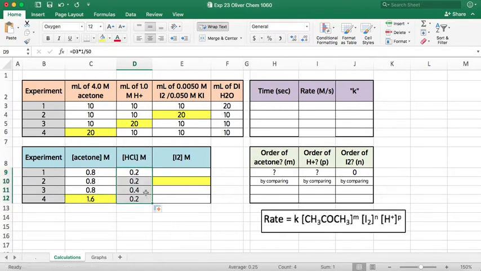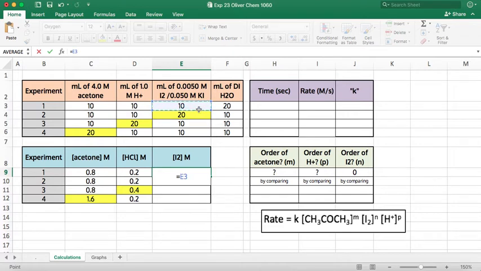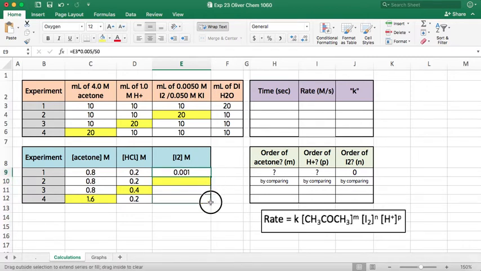Drag, double check that this one is double the rest because it is up here. Good to go. Next, 10 milliliters times concentration. Be careful with your zeros. 0.0050 divided by 50 milliliters. Drag and check that is more than the rest, and it is.